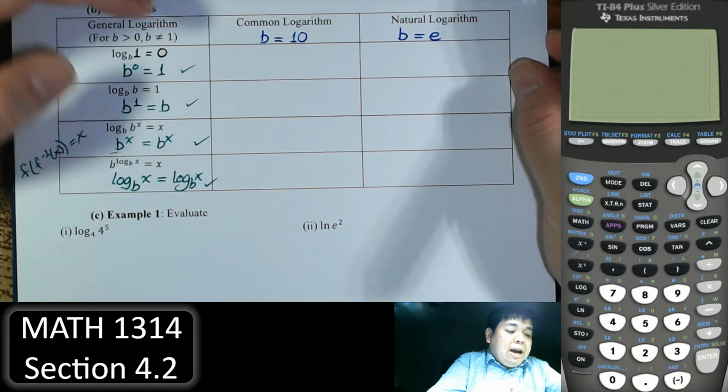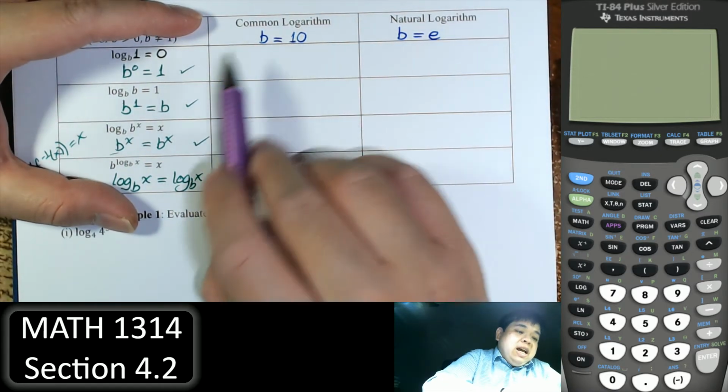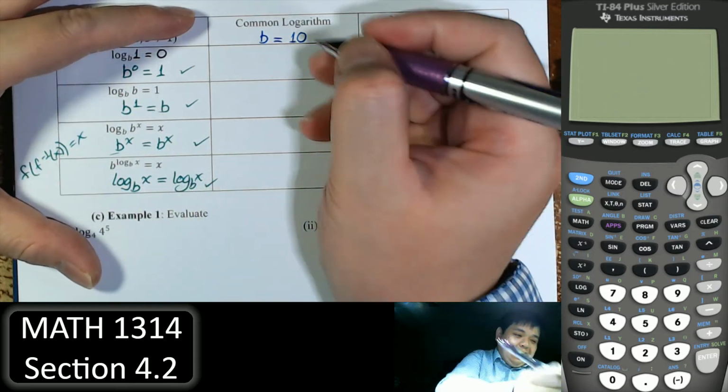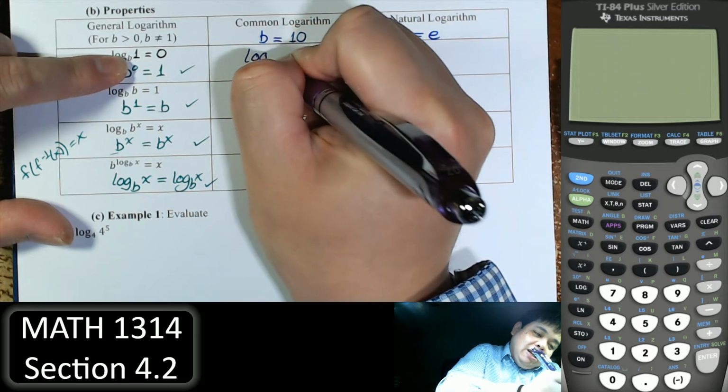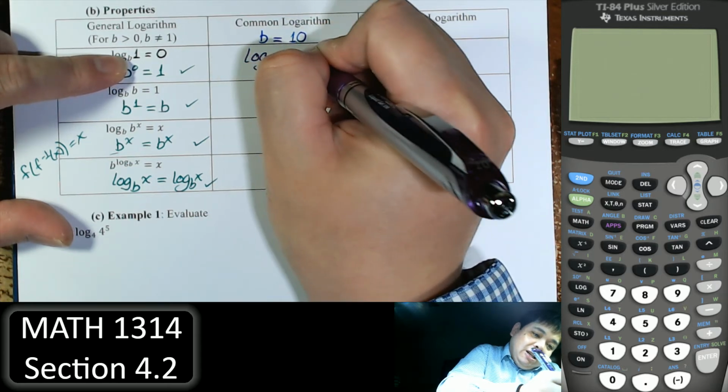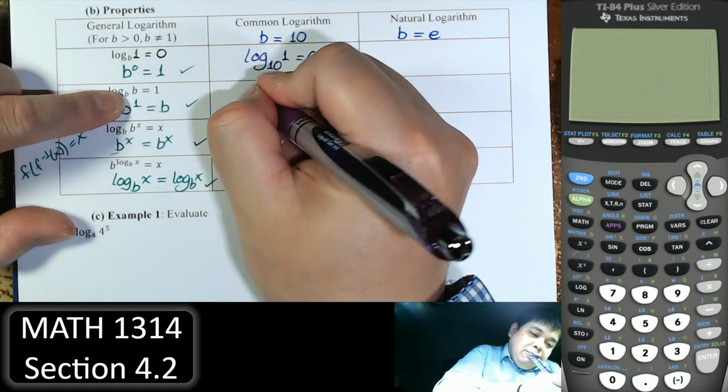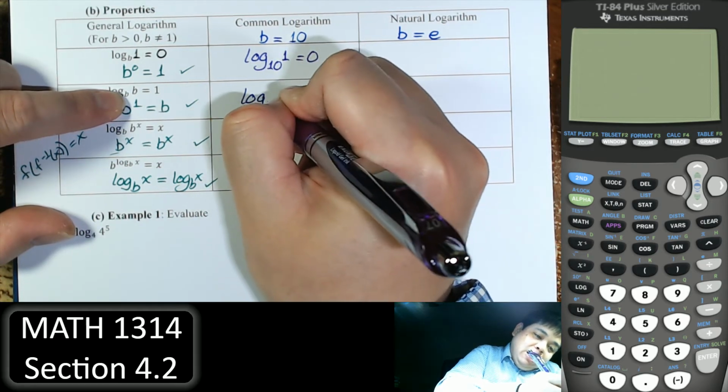Right. Now, all we do is just replace the 10 with b, and we have the properties. So log, the base here is 10. Just replace 10 with b.